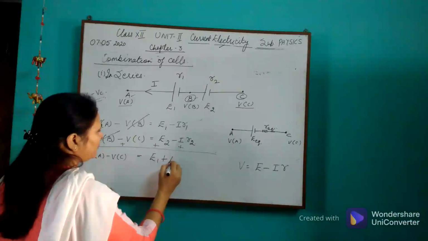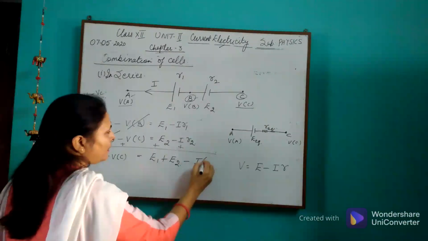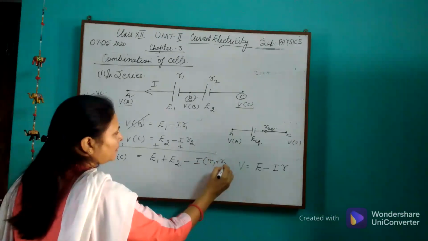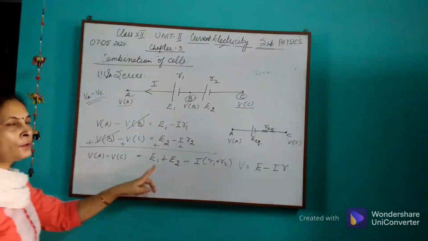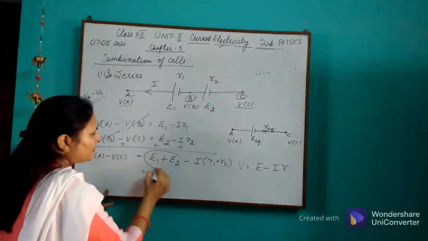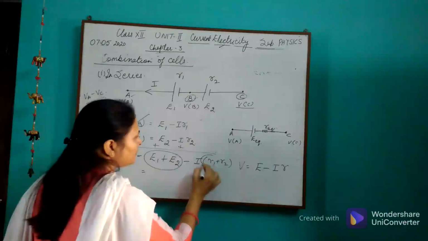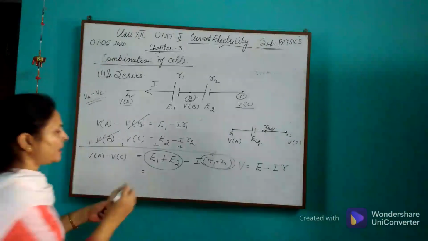I'll get VA minus VC is equal to E1 plus E2 minus I times r1 plus r2. Now this is the total EMF and this is the total resistance. So what is the E equivalent?